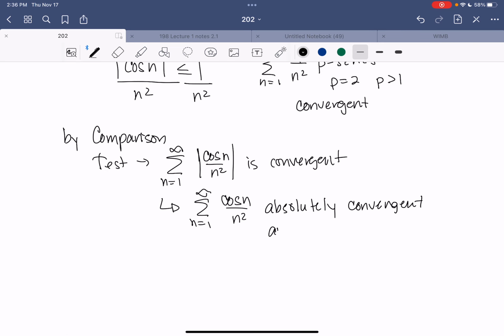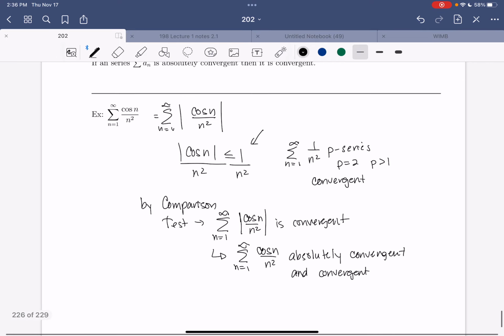Which makes it also convergent. Okay, so both things in this case.